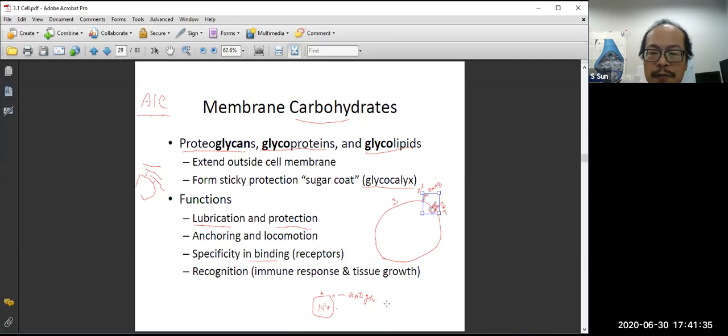Type A will have type A antigen. A type B person will have the red blood cell, and here we have a glycoprotein or glycolipid attached to it, and then it will have type B antigen.